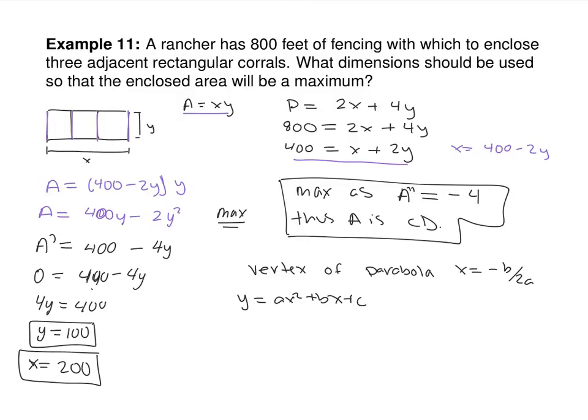So at the vertex, the derivative is 0. So y prime is equal to what? 2ax plus b. Set it equal to 0. Solve it for x. Negative b equals 2ax, so x equals -b over 2a. That's where it comes from. You can prove it without calculus using completing the square. That's also possible, but it's a lot more ugly. This is much faster and cooler.